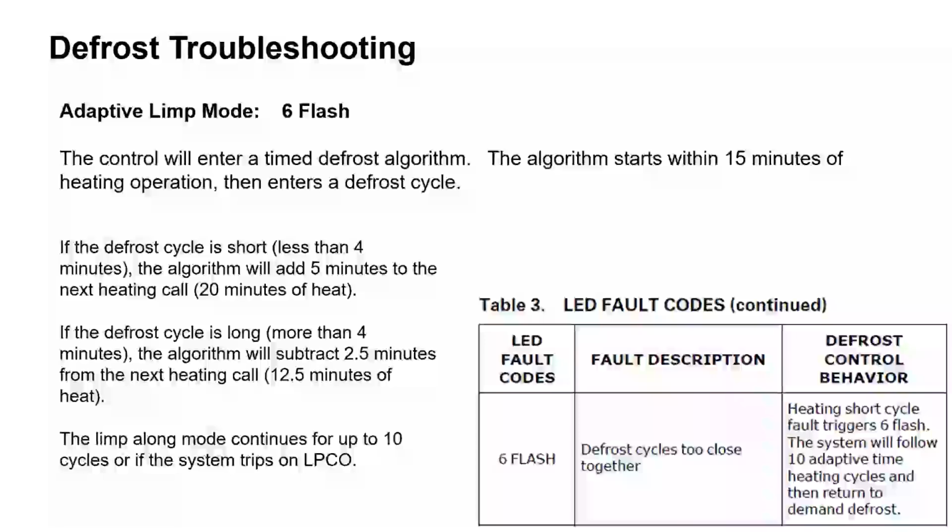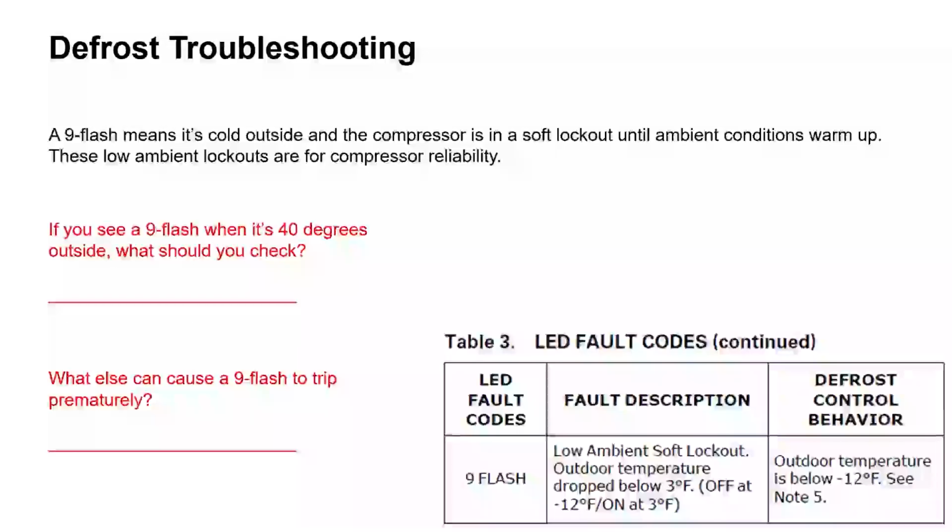Once the defrost cycle is at 4 minutes, if it gets below that, it'll start to subtract runtime. Either way, this is not a good situation. It'll also enter this if we have 9 low pressure cutout trips in one call for heat. We'll talk about that here in just a second.